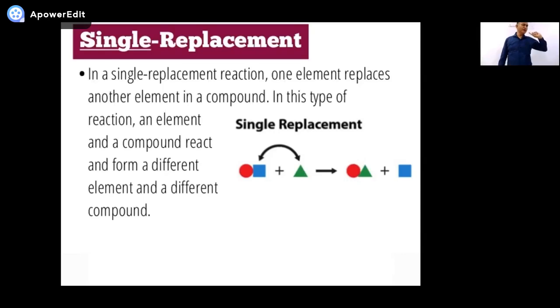Does anyone of you remember the example that I gave you yesterday? Zinc reacts with HCl. What is the symbol of zinc? Zn. What is HCl? Hydrochloric acid. So zinc is stronger than hydrogen, so zinc will come and replace hydrogen.